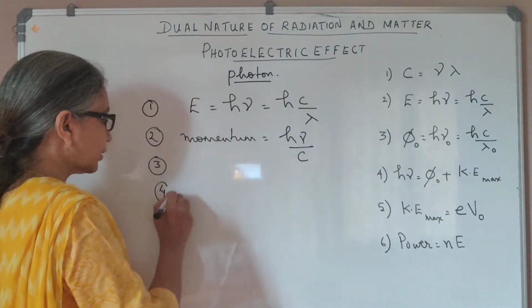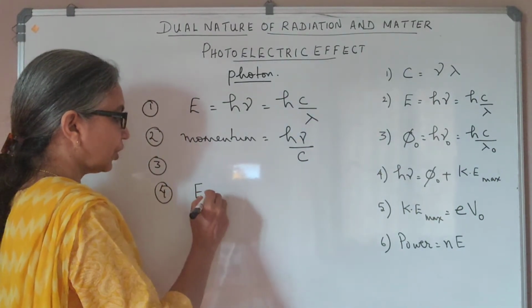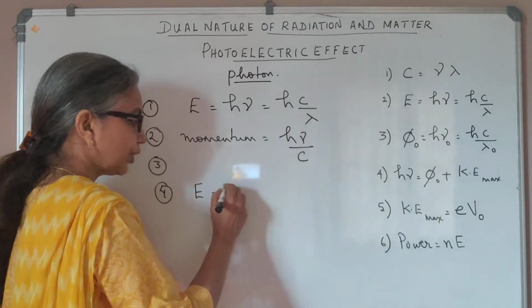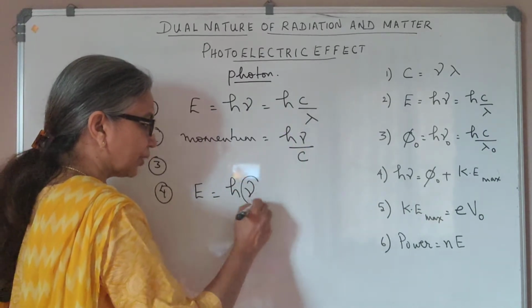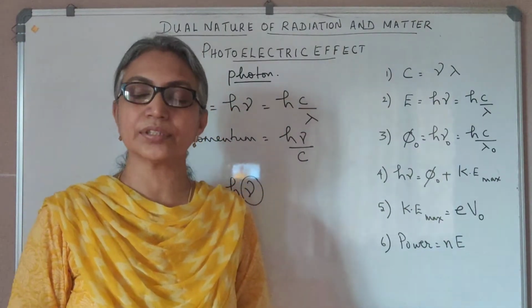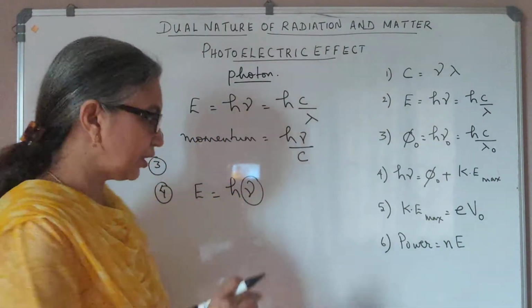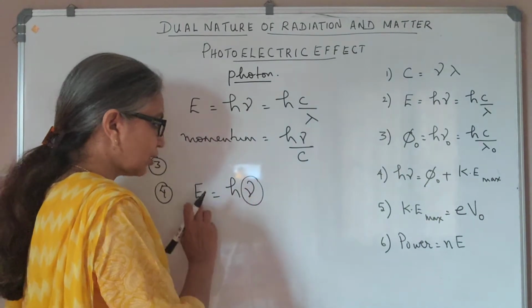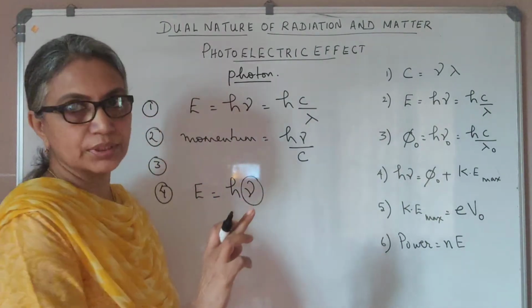Also, the energy of the incident radiation, which we know depends only on the frequency, means that increasing the intensity of the incident radiation does not have any effect on the energy, because the energy clearly depends only on the frequency.